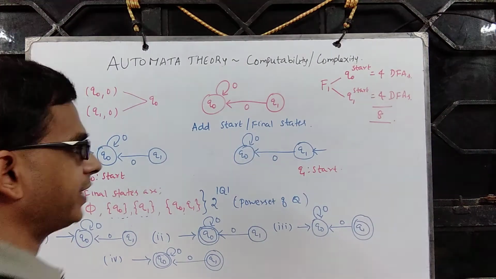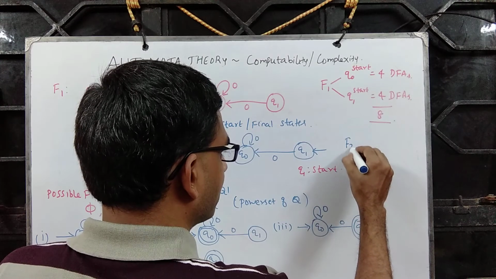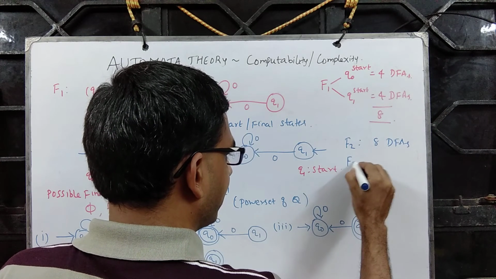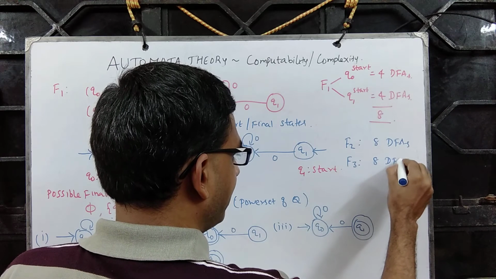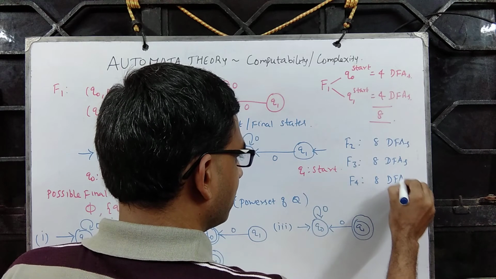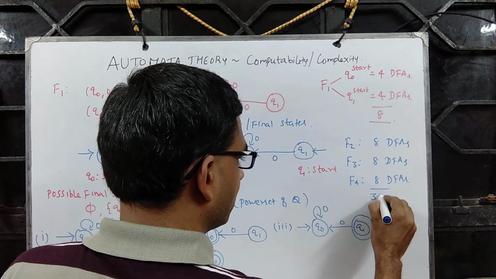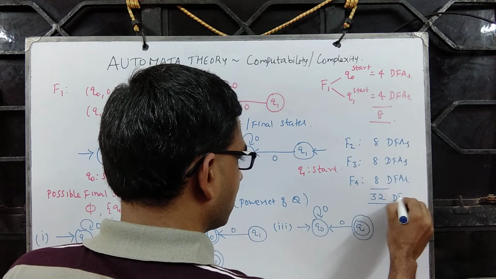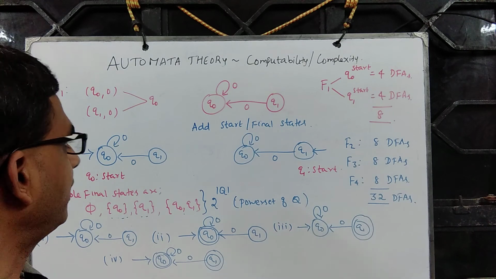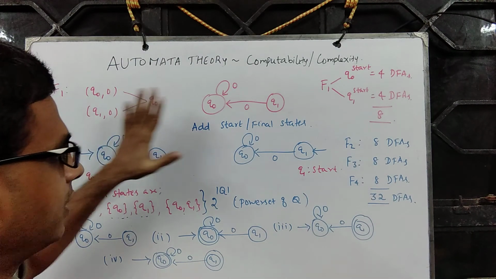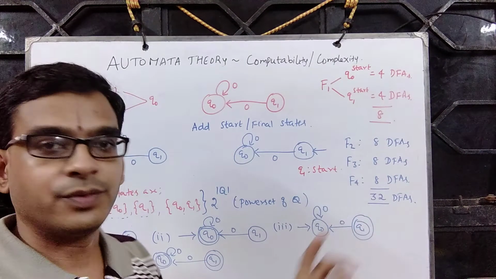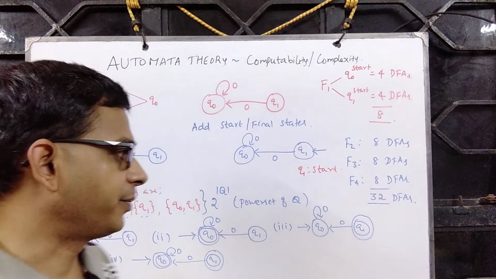And the argument is symmetric, meaning with F2 we get another 8 DFAs. With function F3 we get another 8. With function F4 another 8, which means we get 32 DFAs out of this. So given Q0, Q1 and the alphabet being just 0, there are 32 deterministic finite automatons.